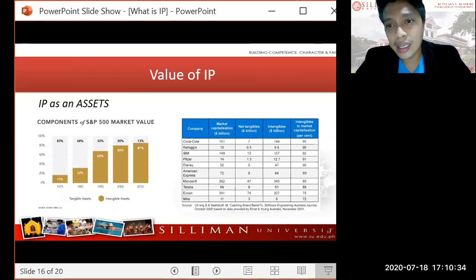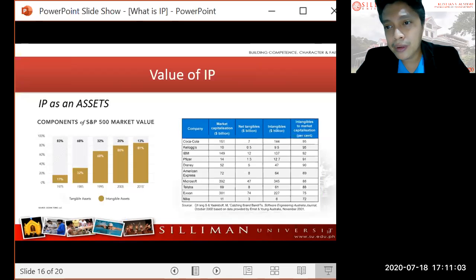We can see here that different companies are now into more intangible assets, which are considered your IPs. In 1975, they were looking at buildings, properties, and so on. Intangible assets were low, 17%, but now it is approximately 87% intangible assets.